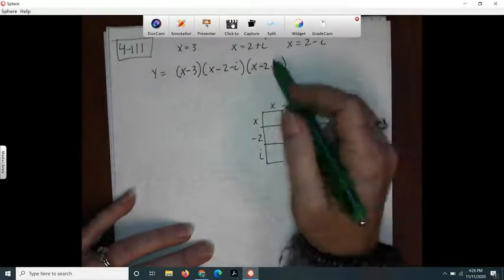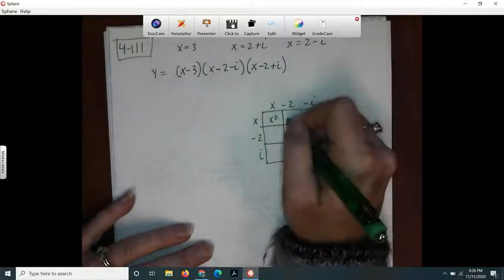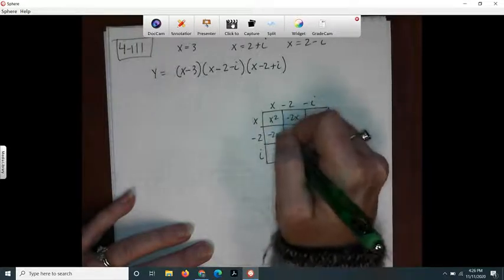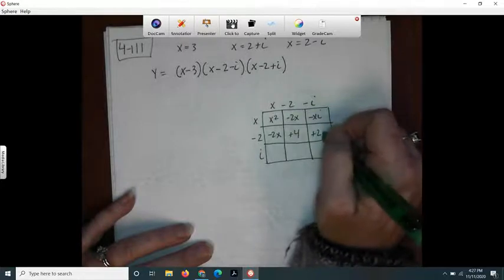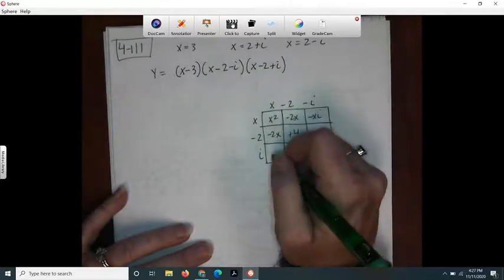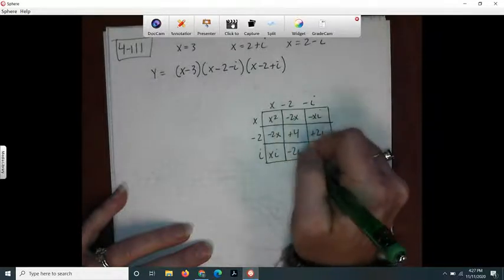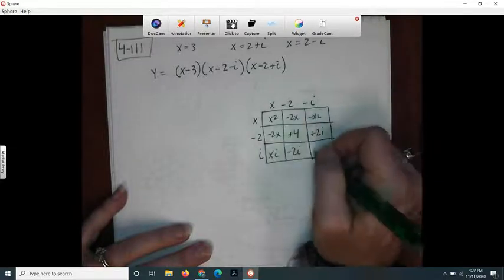So this is just a way to multiply these two factors together. Sometimes I make mistakes. I hope I don't make one right now. And then, well, i times i is i squared, so it's negative i squared.